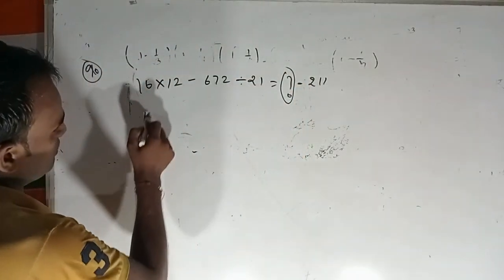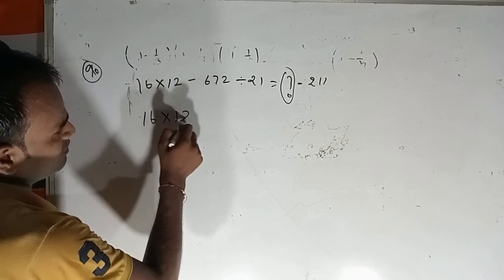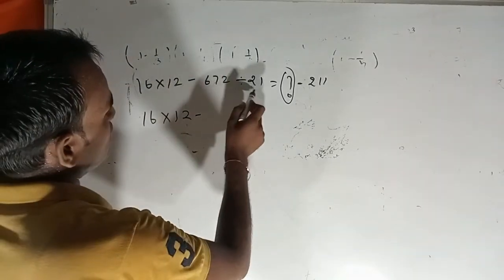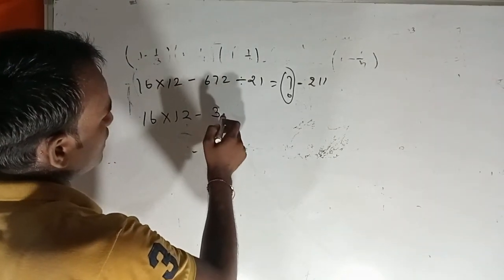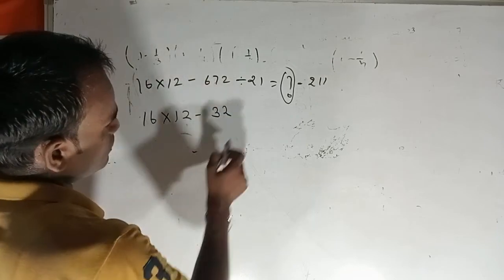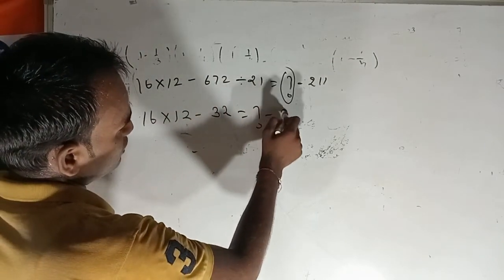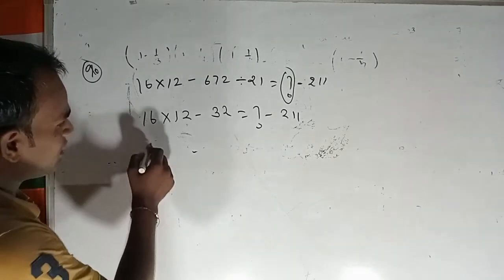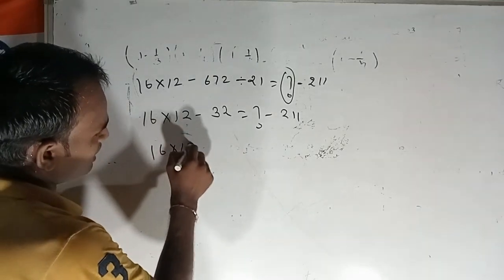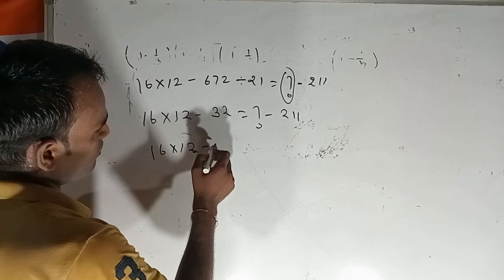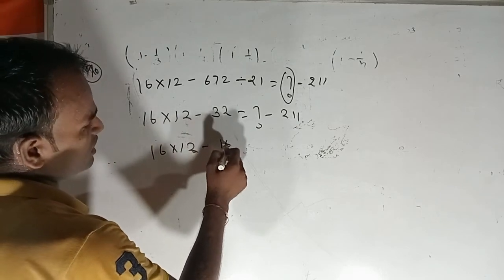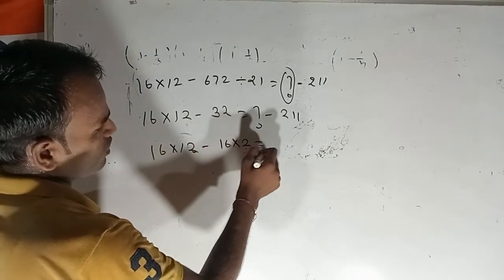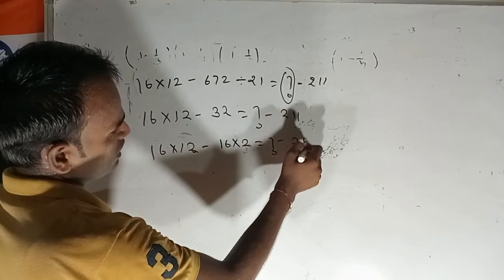What we will do: 16 into 12 minus, 21 times 3 is 63 and 21 times 2 is 42, so 672 is 21 into 32, equals question mark minus 211. So we will split 32 into two parts. 16 into 2 equals question mark minus 211.